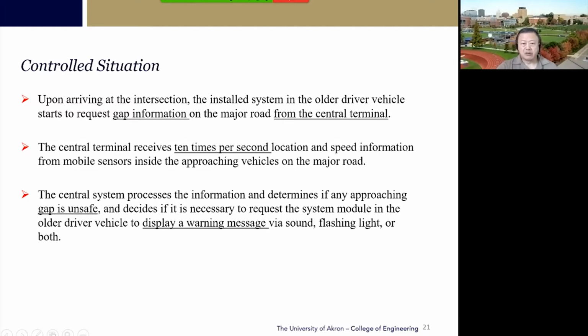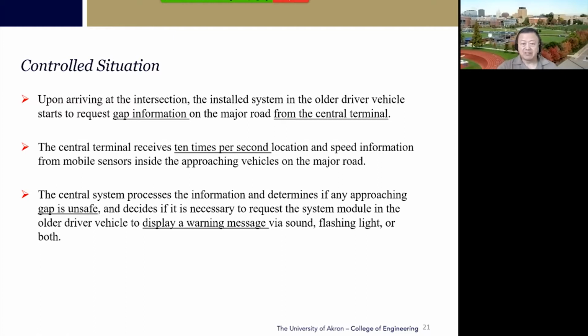The central terminal receives, 10 times per second, the location and speed information from the approaching vehicles, from the mobile sensors inside them. Then the central terminal processes the information to see if the approaching vehicle's gap is safe or not.